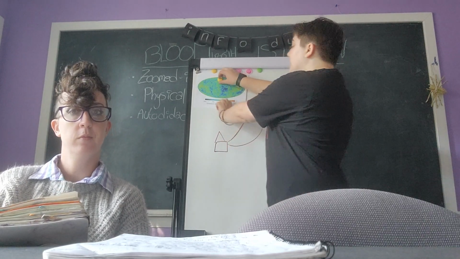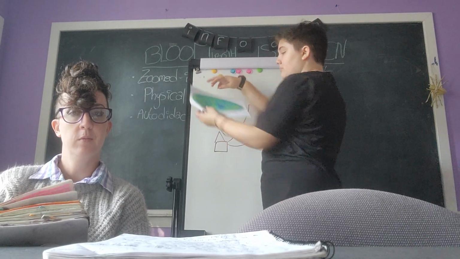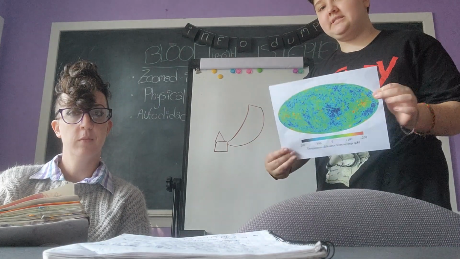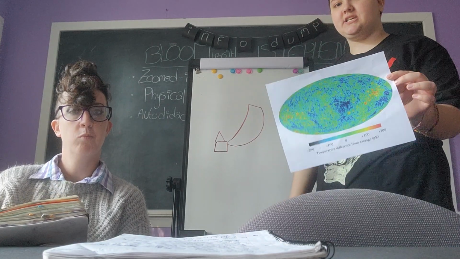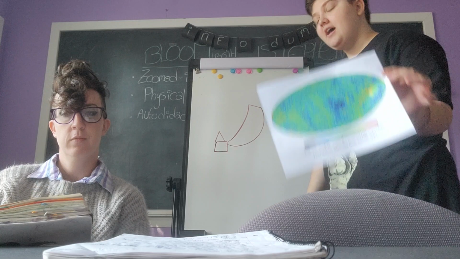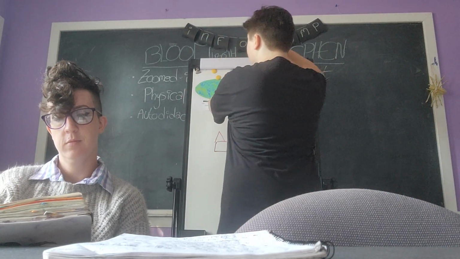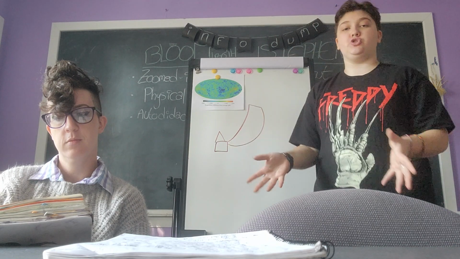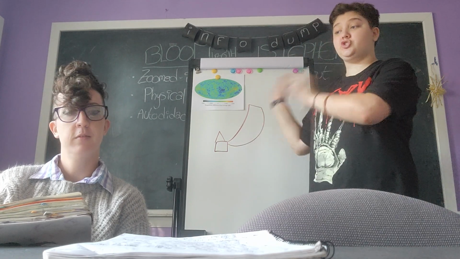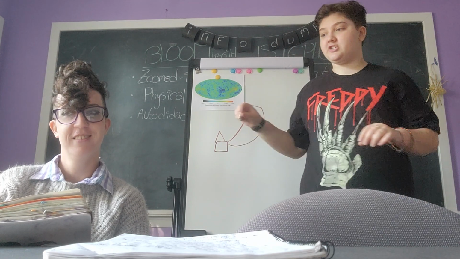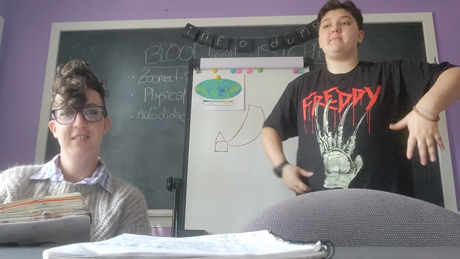So if you look at this, it is not uniform. You can see there's blue splotches, there's red splotches. It is different. If the universe was uniform, picture soup. This is a stew. It has little chunks of vegetables and maybe croutons.